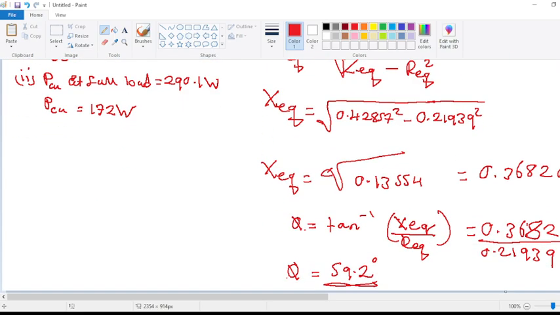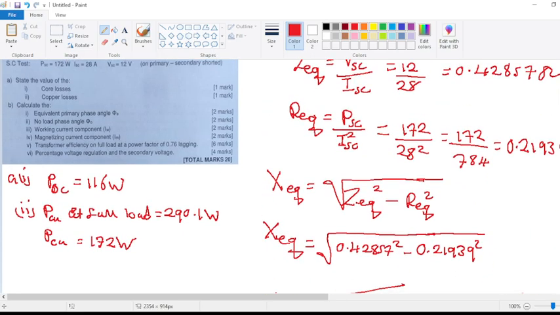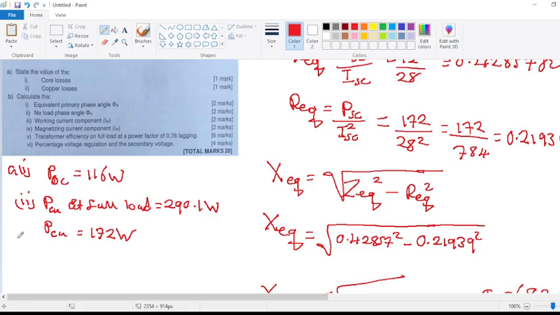So from there, A1, then B1: B1 we calculated to be the primary angle, 59.2 degrees. Okay, so let's go to question 2.